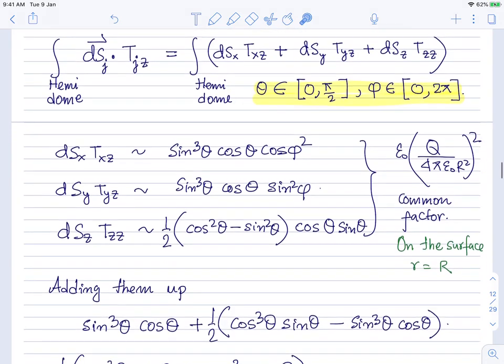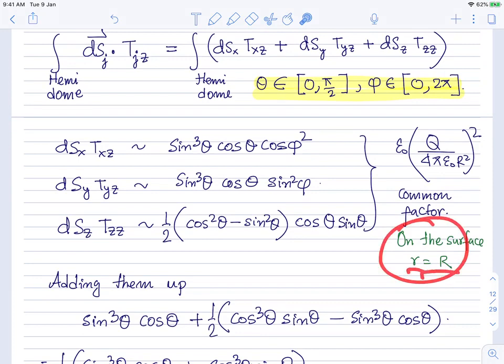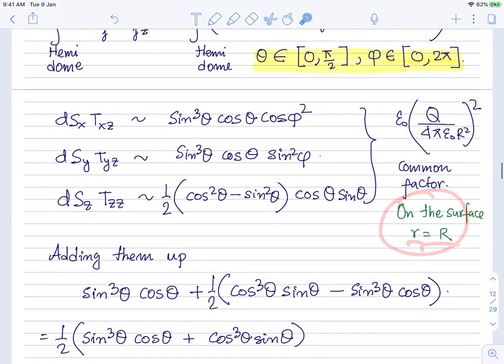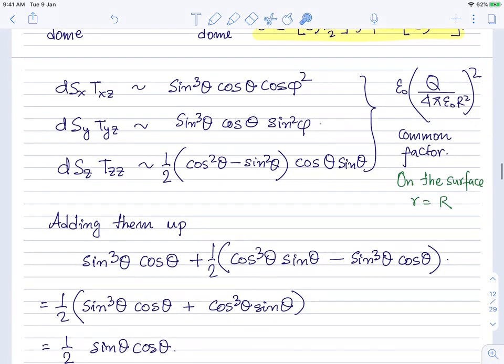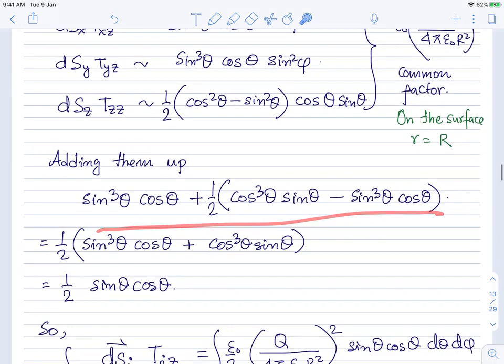This is the expression on the surface, small r equal to capital R, and now we need to add them up. If we add them up, this simplifies, and at the end of the day it simply becomes half of sine theta cos theta. There is no phi dependence.